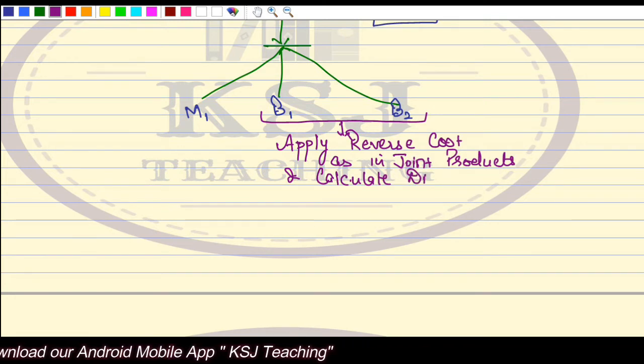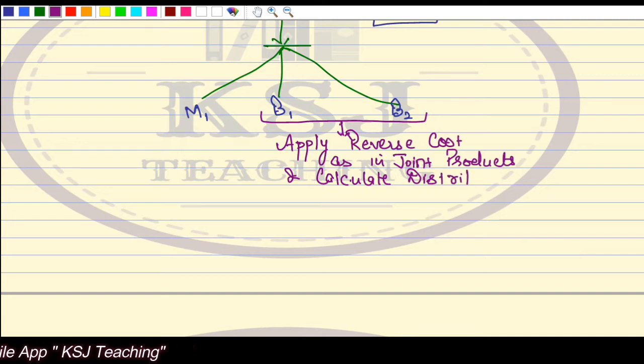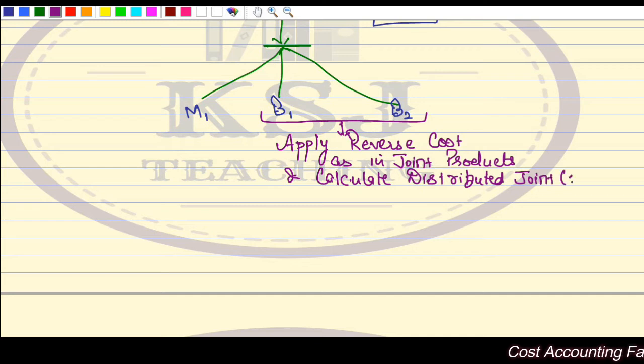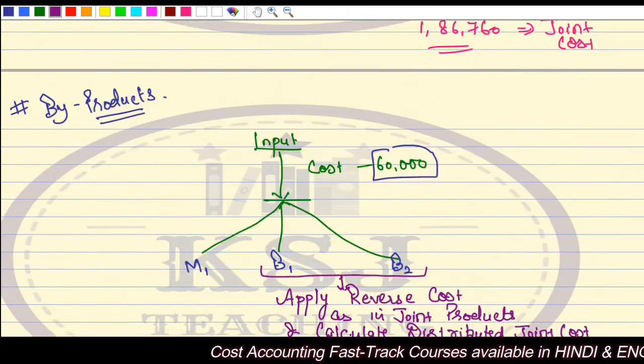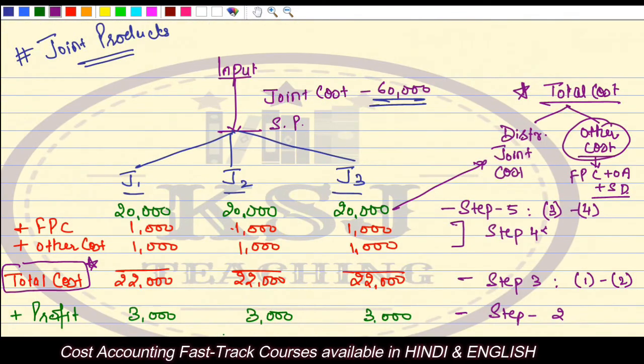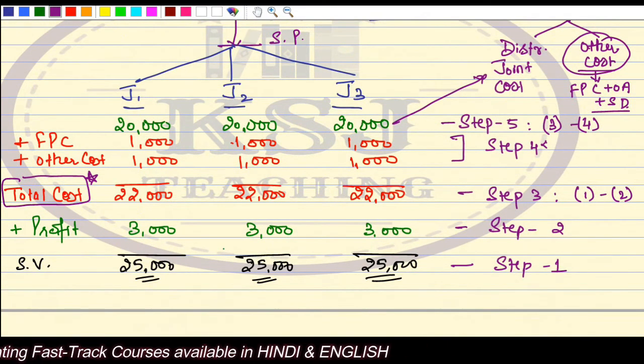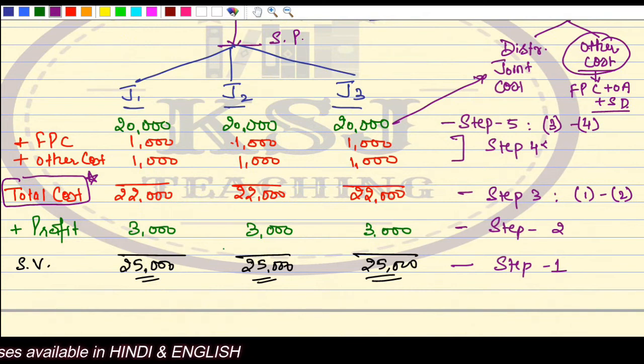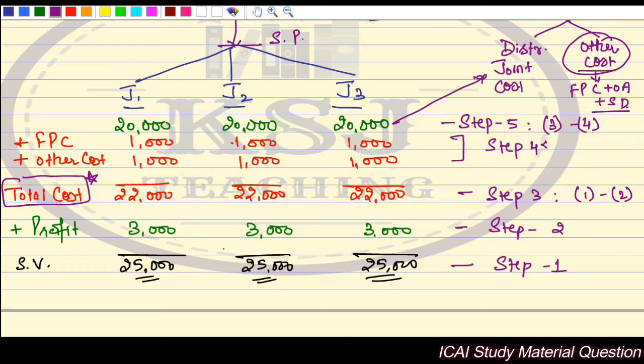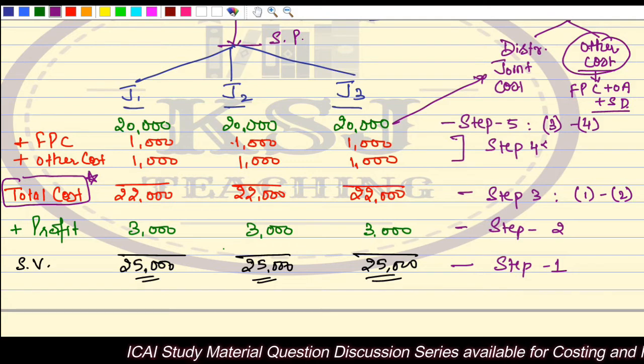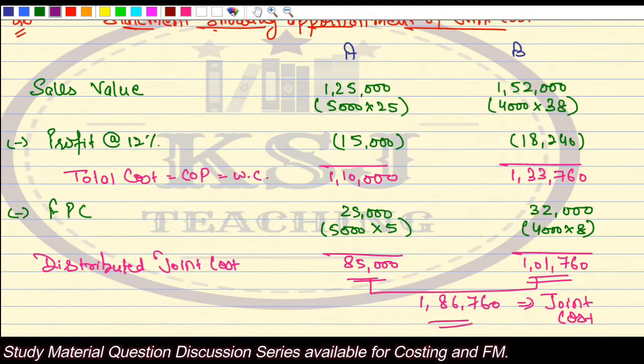Calculate distributed joint cost. So the first step in this case is consider B1, B2, apply this methodology to B1 and B2 only. That is sales value minus profit, total cost, minus FPC, the distributed joint cost. Apply the reverse cost method only and only on the byproducts, not on the main product.